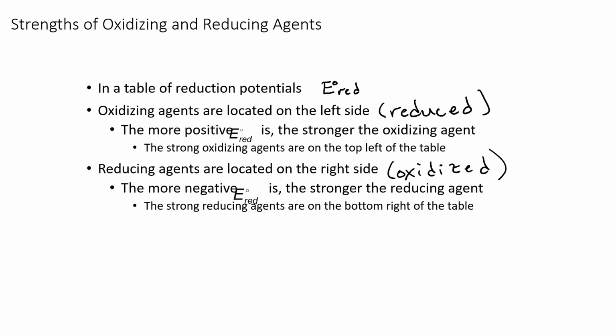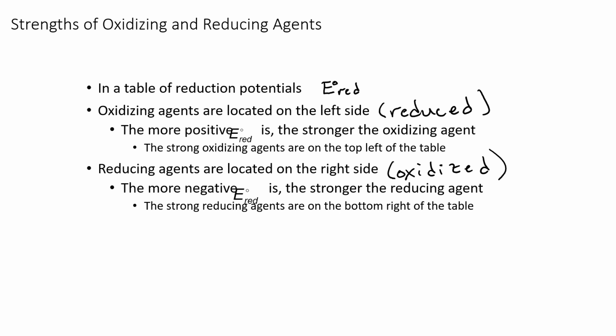Reducing agents are always located on the right side of our reduction potential tables. The more positive our reduction voltage is, the stronger the oxidizing agent. The more negative it is, the stronger the reducing agent.